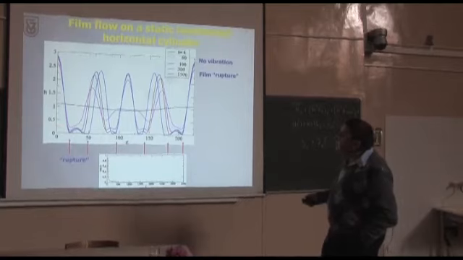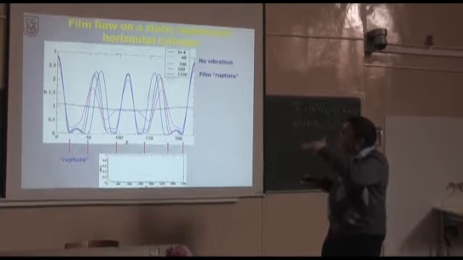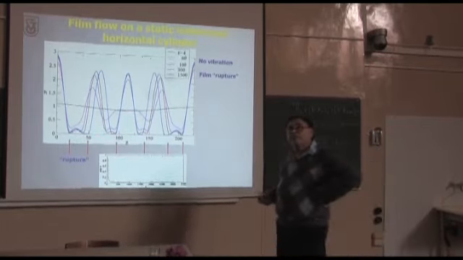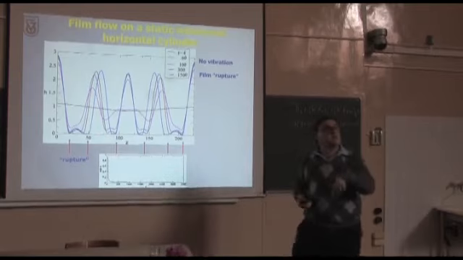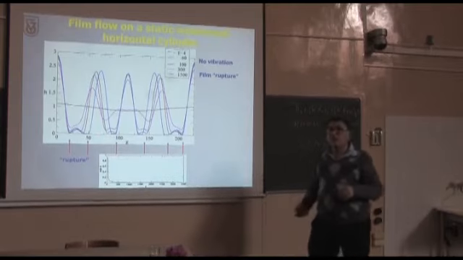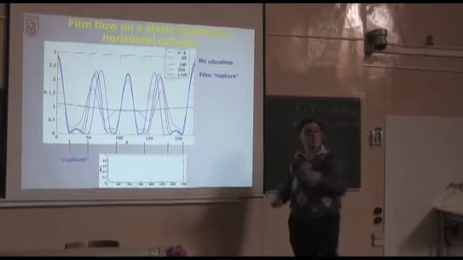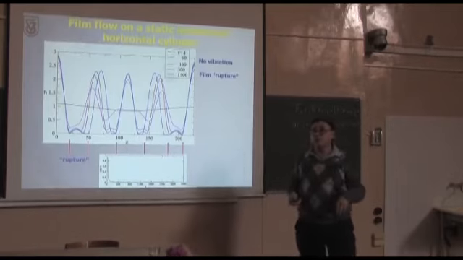What you see here is a large drop in height, but if you look here, you see at 1, 2, 3, 4, maybe 5, 6, about 8 places where the local thickness becomes very small. So actually, the film wants to rupture, exactly like we predicted with this breakup into droplets.